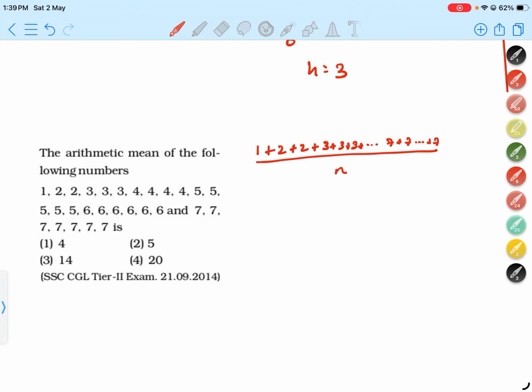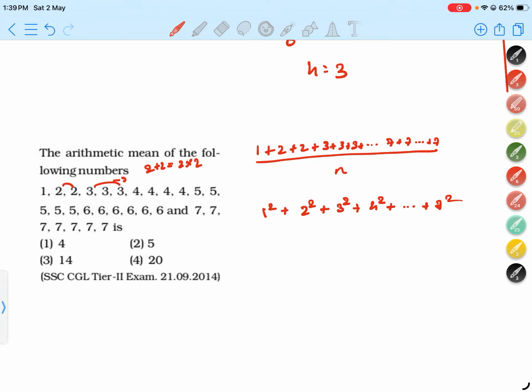Else we can do it in the following way. We can write 1 square plus 2 square plus 3 square plus 4 square plus up to 7 square. Why can we write it like this? Because if we add 2 plus 2, it becomes 2 into 2, because there are 2 times 2.